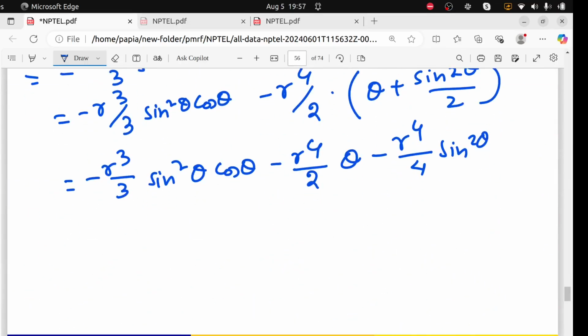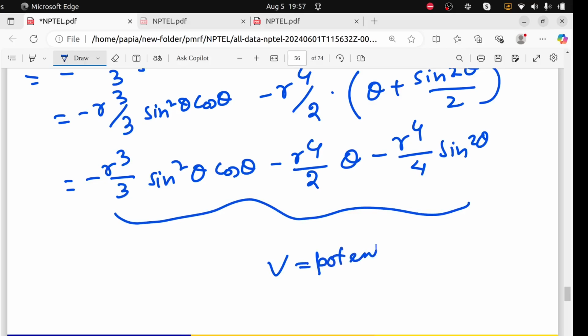So it is coming as r cube by 3 minus r to the power 4 sine 2 theta. So this is the final answer, where this whole term will be our V, potential.